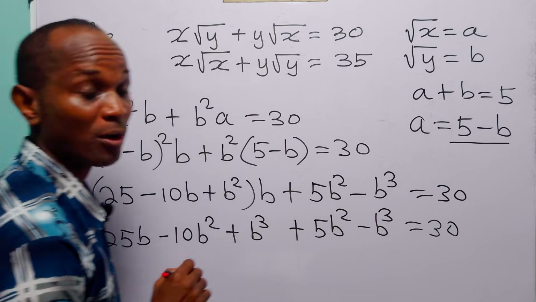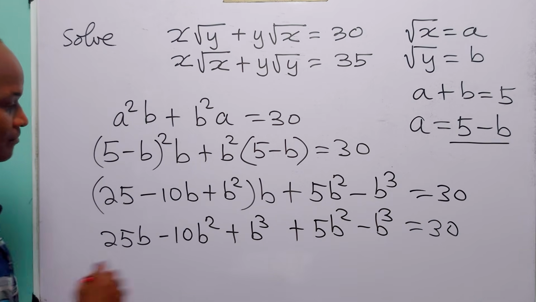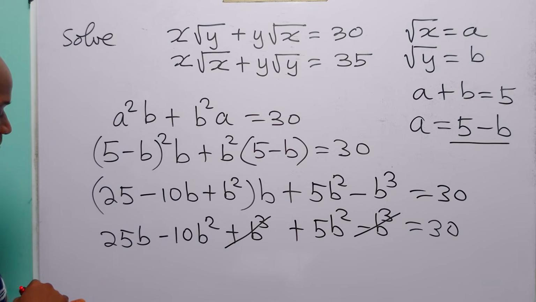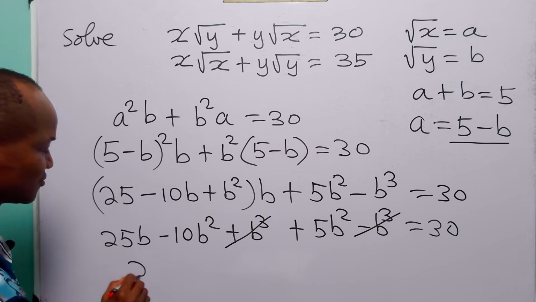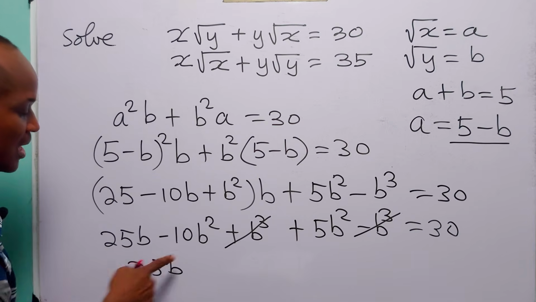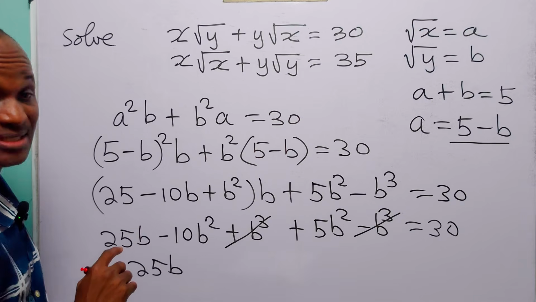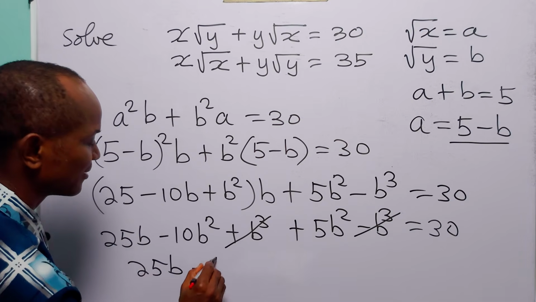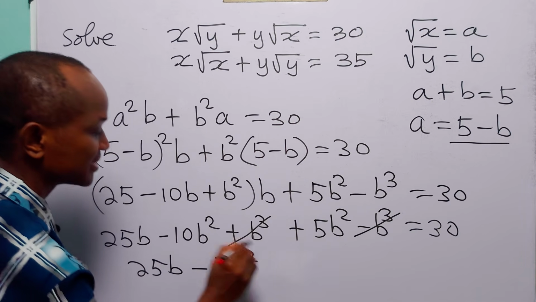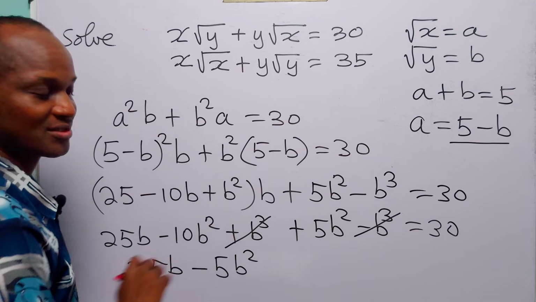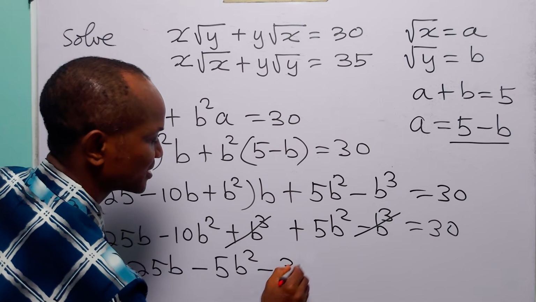This is still equal to 30. Now, of course, this is going to take care of that. We have 25b minus 10b squared plus 5b squared, which is going to give us minus 5b squared. And then bringing 30 over to the left-hand side, we have minus 30.